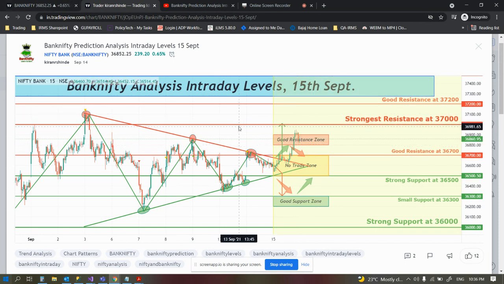Why is this necessary for new traders coming into the market? Post market analysis and pre market analysis are very important to be a successful trader. Post market analysis will make you identify the good trades you have taken, so that you can carry forward the good practices, and the bad trades you have taken, so that you can improve those mistakes.